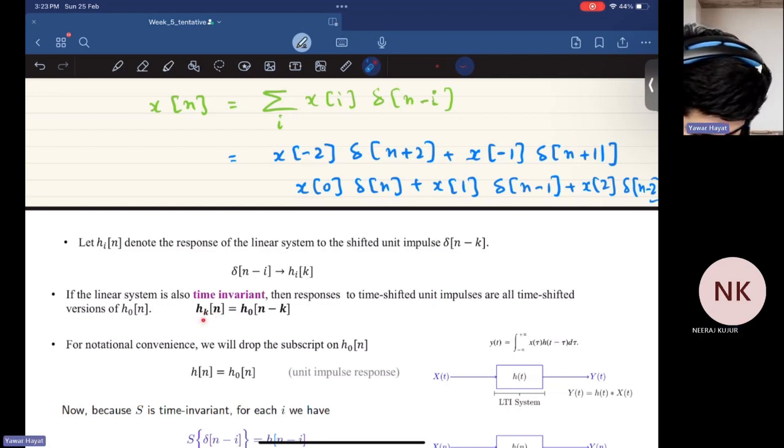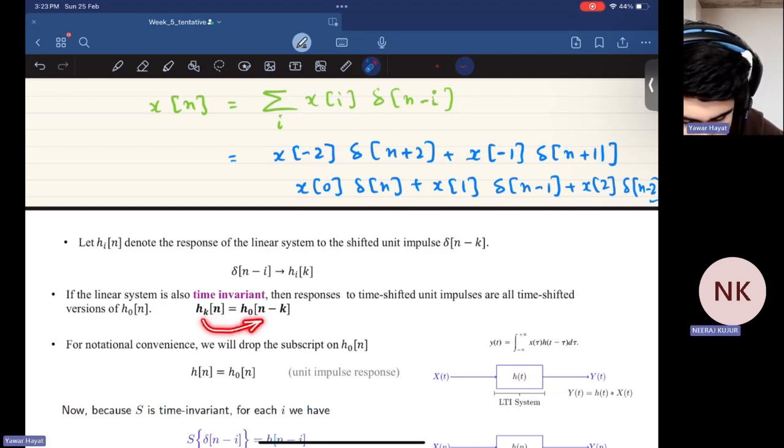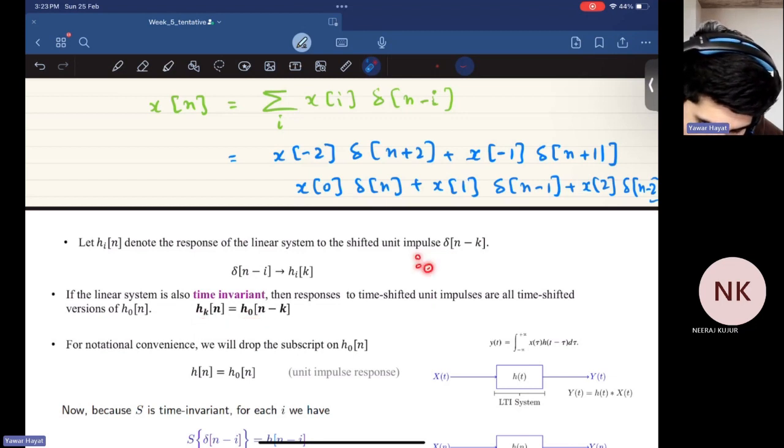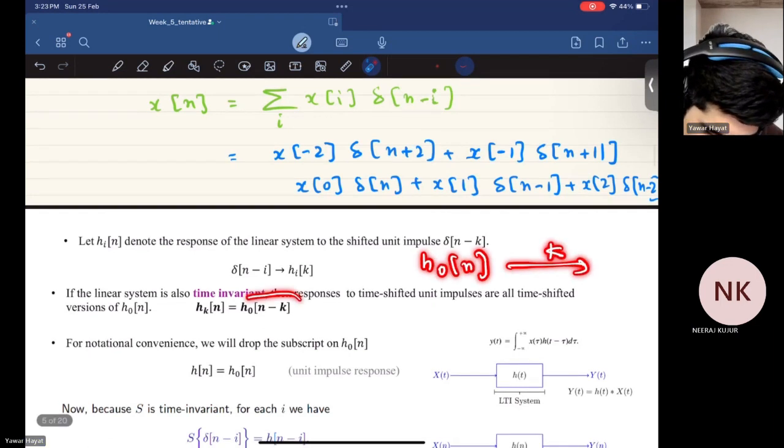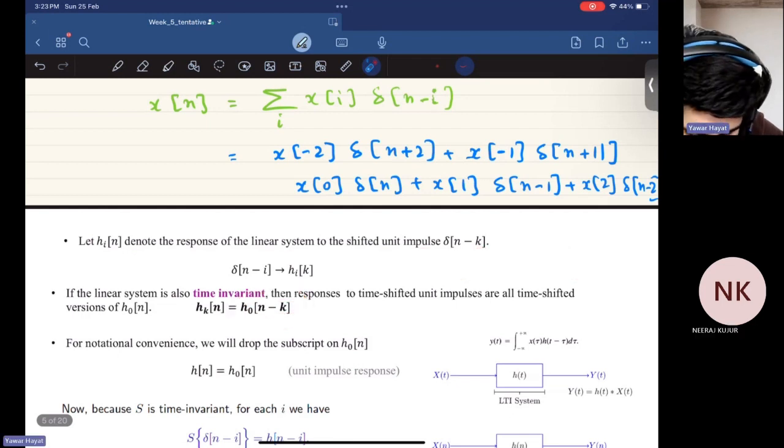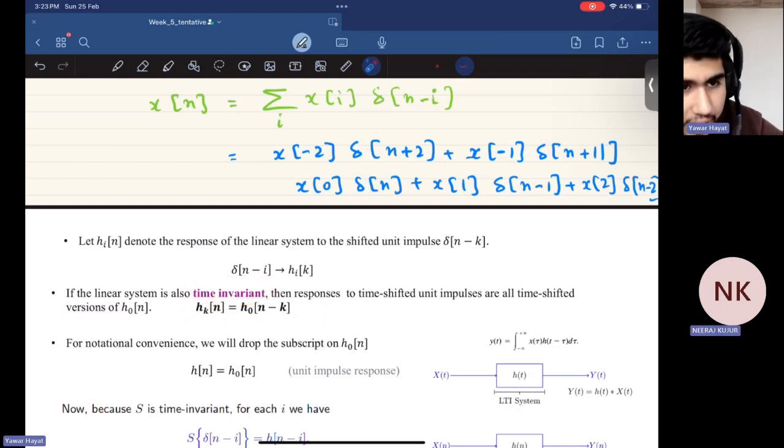I can write that as if it was h_0 of n, but time shifted by k. The fact that I can write this is because of this time invariant property of LTI systems.